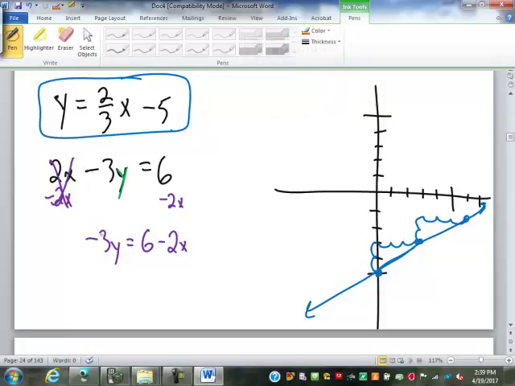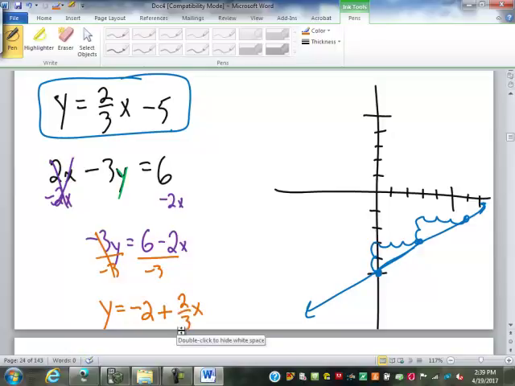Not add 3, the negative 3 is multiplying y, so to get rid of it, divide by negative 3. Good. So y equals, what is 6 divided by negative 3? Negative 2. Now I've got negative 2x divided by negative 3. A negative divided by a negative is a positive. 2 divided by 3 is just going to be 2 over 3, and then x.